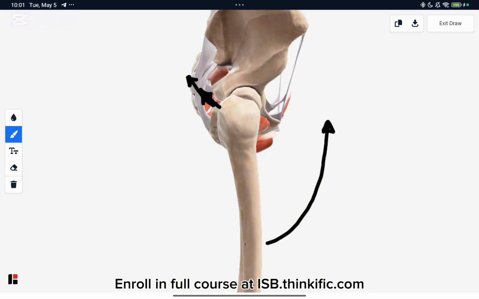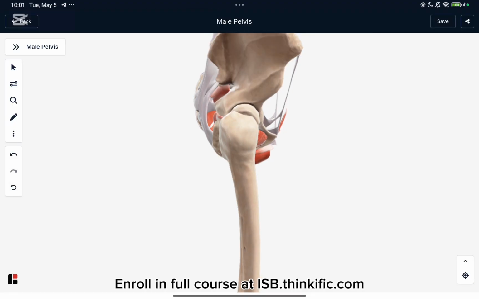That is abduction. So what is the action of obturator internus? Lateral rotation of extended hip, abduction of flexed hip. Okay, you can imagine it. It's simple to imagine. So this is one muscle out of the way, obturator internus.